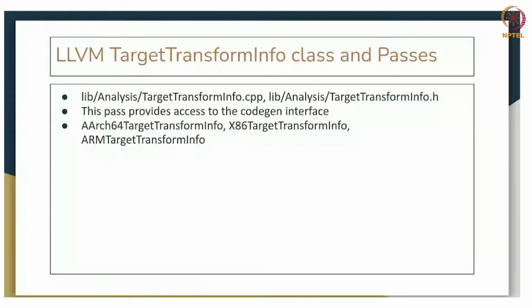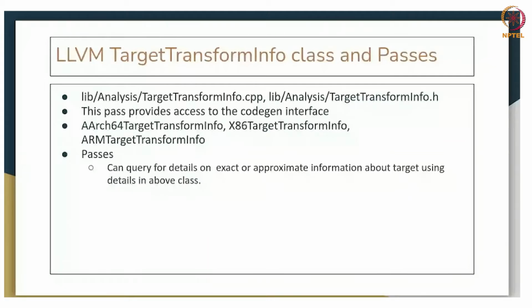There will be different instantiations of these passes, like AArch64, x86, ARM targets. These are all different targets, and different targets will have different implementations. So passes can query for exact or approximate information about the target using details provided in the above class.